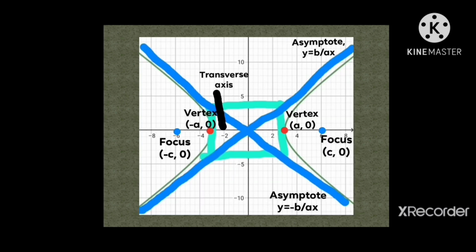Here is an example of a hyperbola. We can see the vertex, focus, asymptote, and the transverse axis, which is the line segment joining the two vertices of the hyperbola.